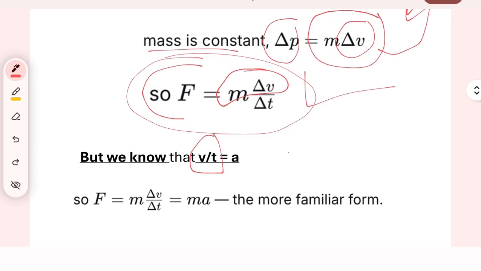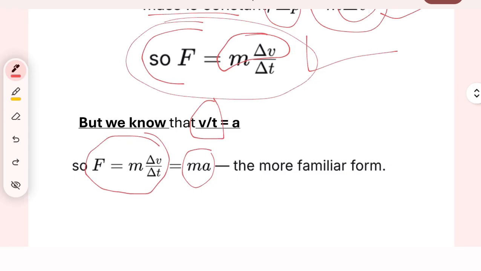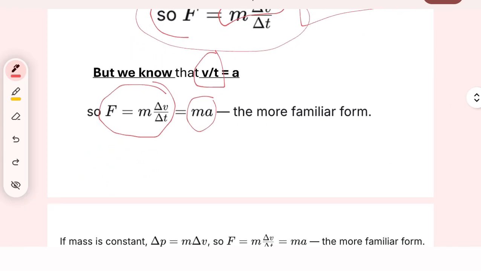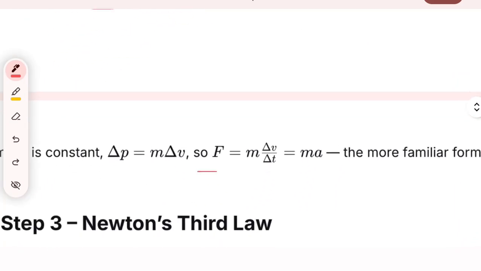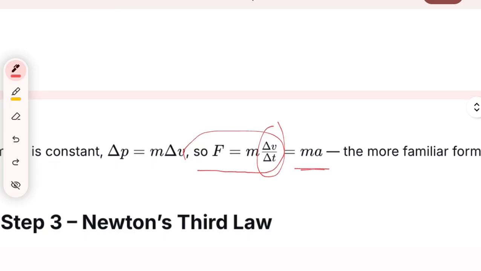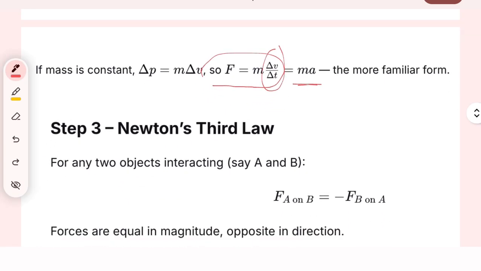So if our formula is force equals mass times change of velocity over change of time, we can substitute v over t by a. So the force is equal to m times acceleration. So we change it.